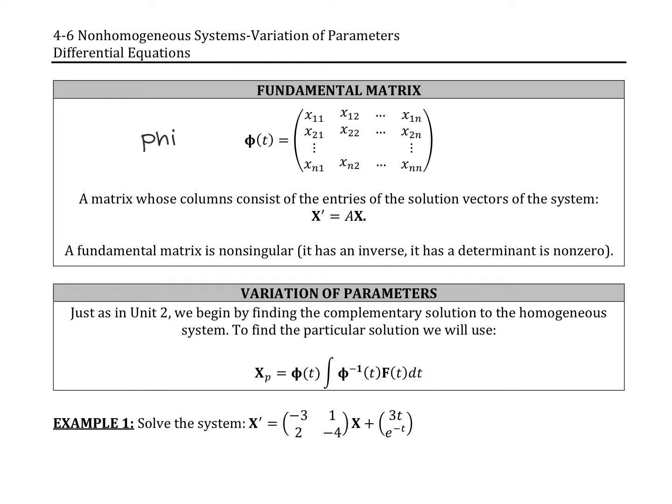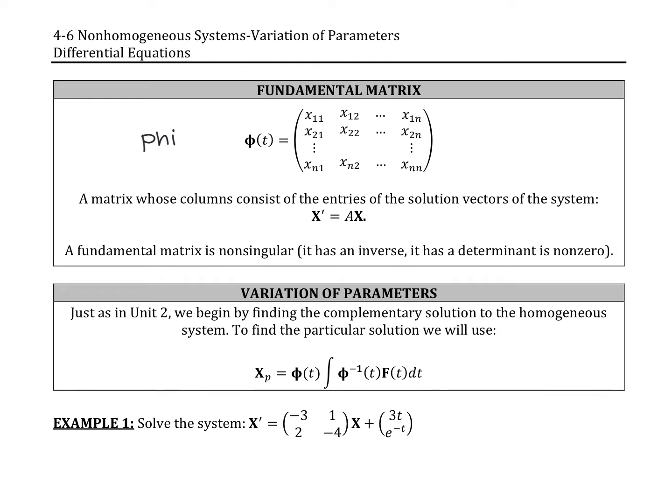And what this matrix consists of is columns of the solutions, or entries of the solution vectors, to the homogeneous system. So if we solve the homogeneous system, which is finding the complementary solutions, and we form a matrix with those solutions, we create a matrix that is non-singular, meaning it has an inverse and its determinant is non-zero, okay?